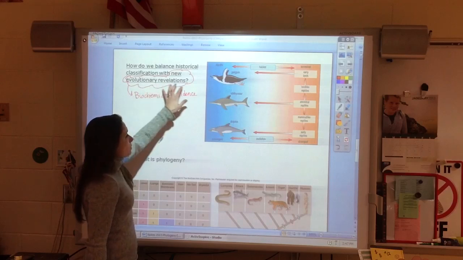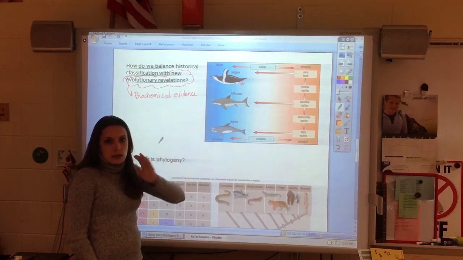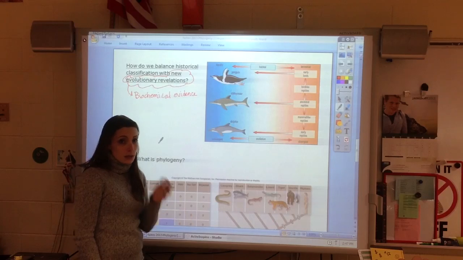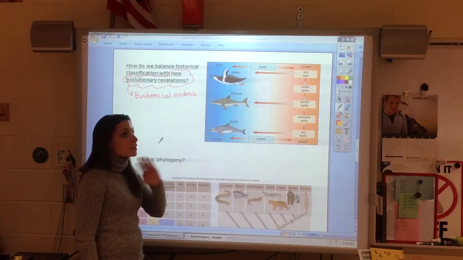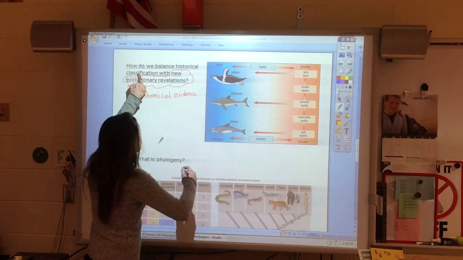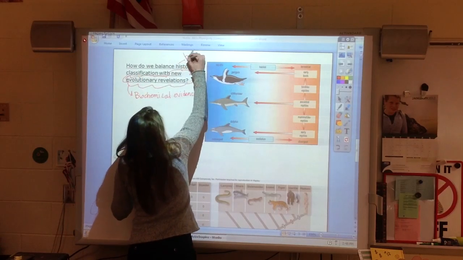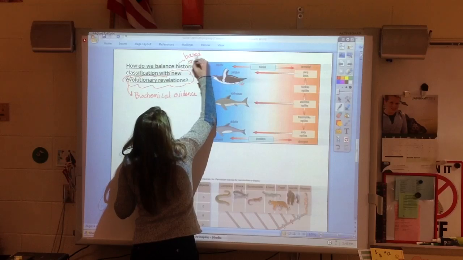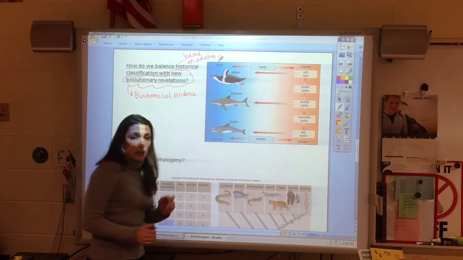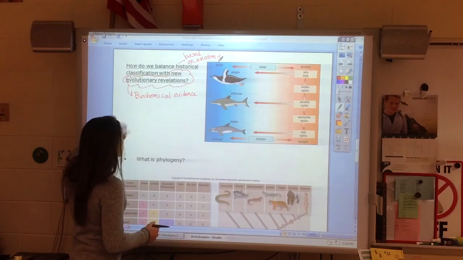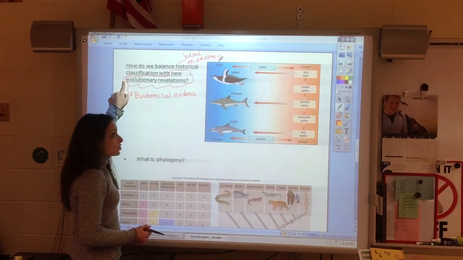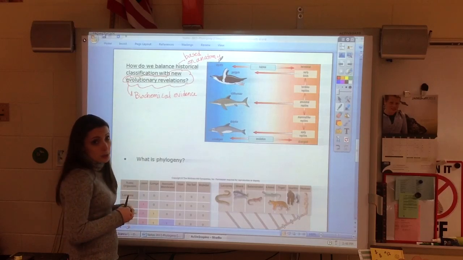And so as we collect more and more DNA and amino acid sequences, and as we compare those DNA and amino acid sequences, we start to realize that the original or historical classification system, which was based on anatomy, can actually be misleading. So sometimes our historical classification and our new evolutionary revelations are in opposites to each other.